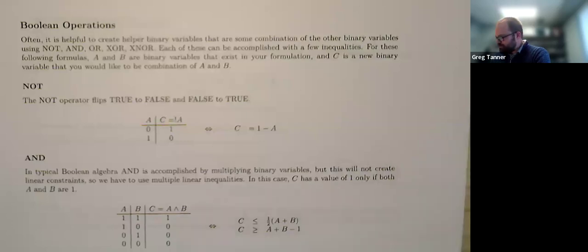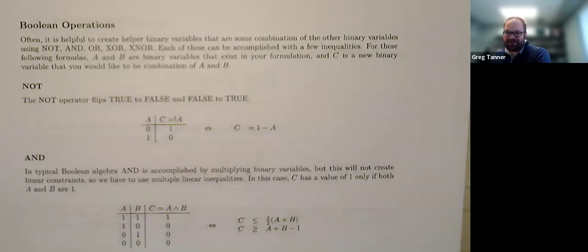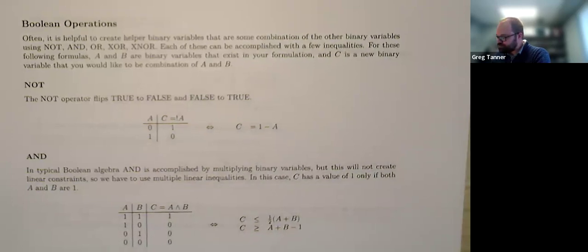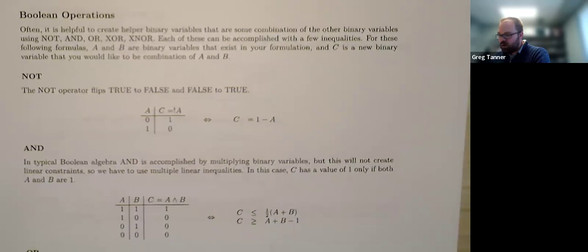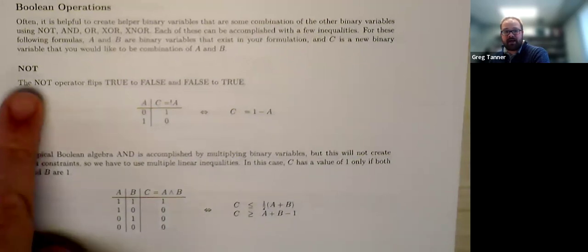I will say maybe the reason why I've included some of these is another application of binary variables is on logic puzzles, and in logic puzzles you might run into things that are more like some of the other ones on this list. But so first off, if you want to have one variable and another variable that essentially records the opposite of that variable, that's the not operator.